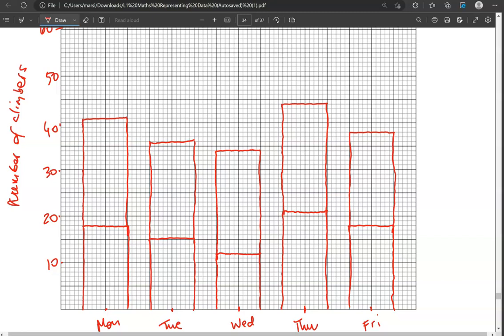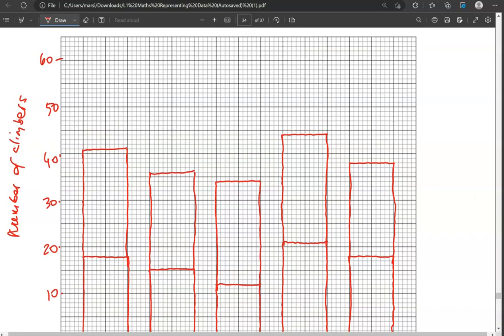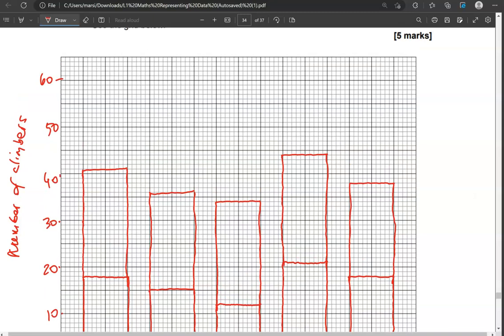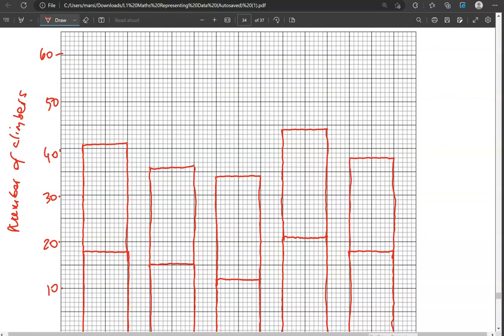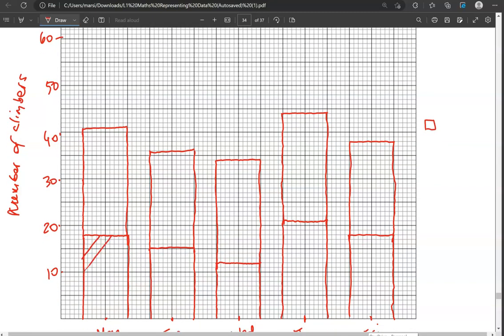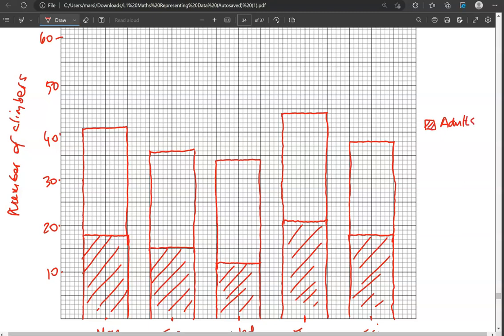Now it's important that we do the key here, or the legend. So I'll do adults with a pattern like this, or it could be a specific color. And children, I could do dots.